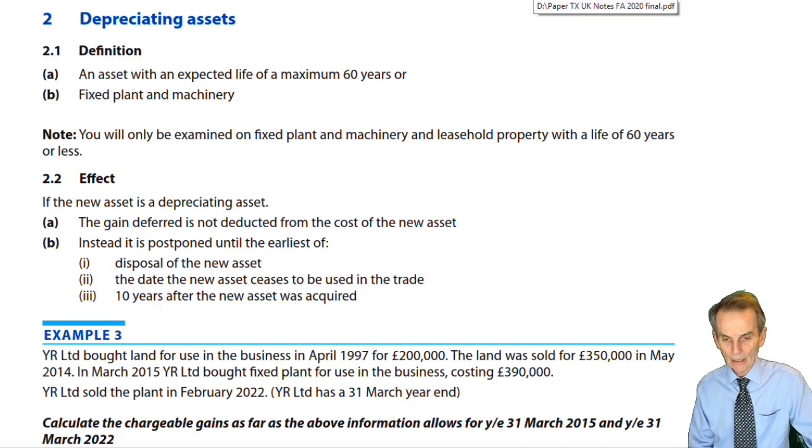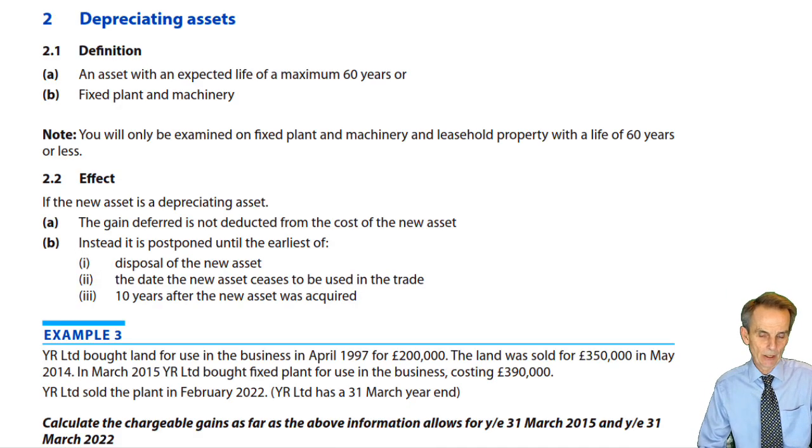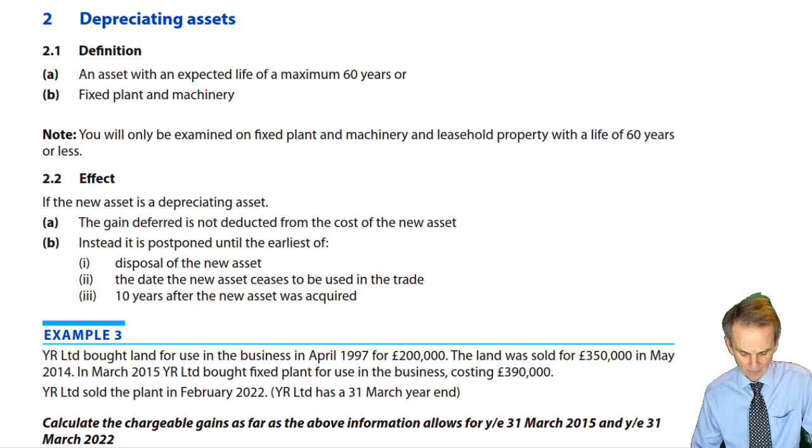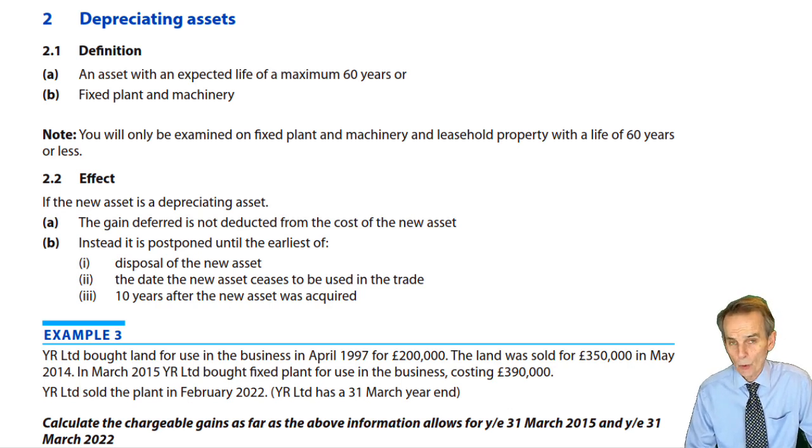Finally, the issue then when dealing with depreciating assets. Here we must know first of all what a depreciating asset is, and that's what we said at the beginning of this particular session on rollover. What we said was, in terms of a depreciating asset, it's going to be one of two things in your exam: fixed plant and machinery, just those words without any reference to life.